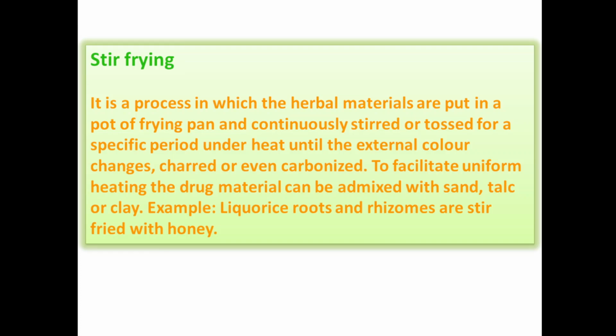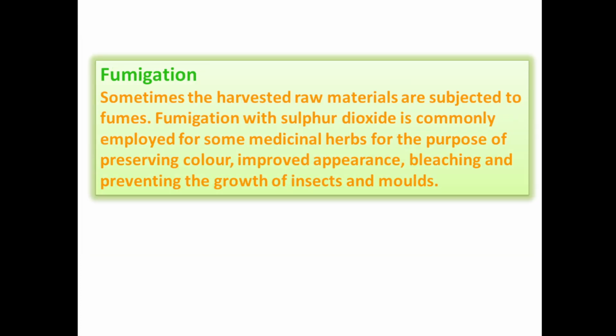For proper frying of that material, it is admixed with sand, talc or clay. For example, licorice root or rhizomes are stirred with honey. So when licorice root or rhizomes are stirred with honey, the sweet taste will improve, and the quality of the drug is also improved. Its effects are also improved by this stir frying process.